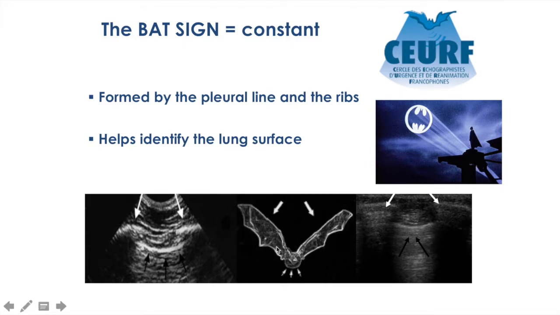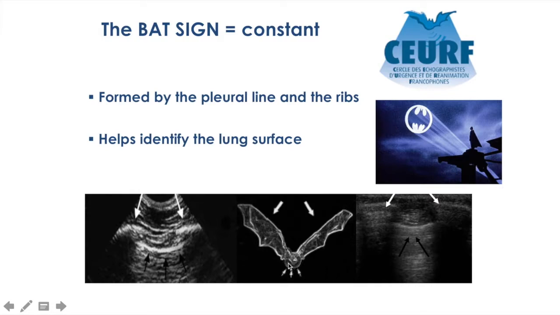If you look at the bat here, the upper border of its wings here and the lower part of its body here, the upper and lower rib and the pleural line correspond to the upper border of the wings and the lower part of the body of the bat.